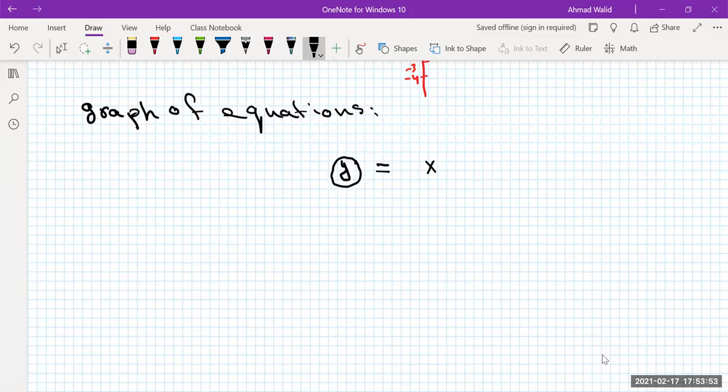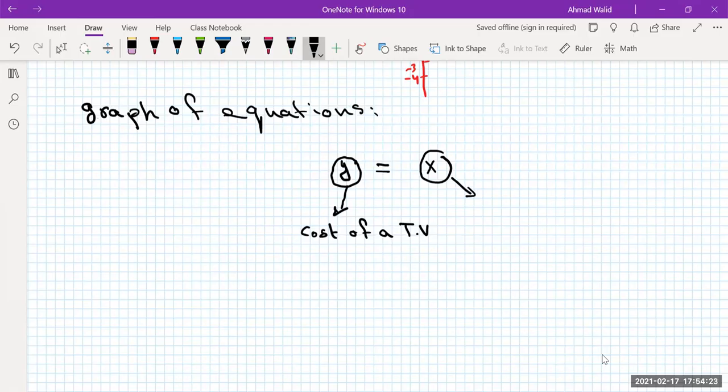Y is a quantity, X is a quantity. The relation between these two quantities can be represented or expressed as an equation. What can these quantities be? Let's do an example. I call y a quantity. For example, y represents the cost of a TV, a television.